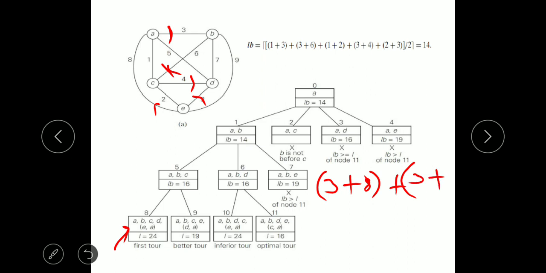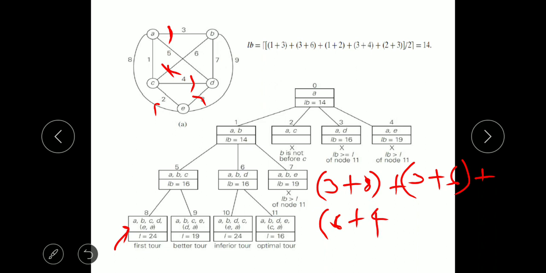So 3 plus B to C is included in the Hamiltonian cycle. So its cost is 6 plus, coming on to vertex C, B to C is included in the Hamiltonian cycle, which means that C to B is also included. So the cost here is 6 plus C to D is included in the Hamiltonian cycle.